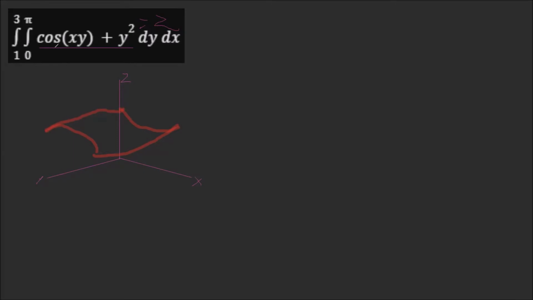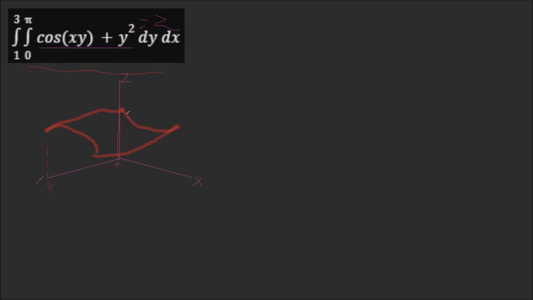What's important to note, given this integral, is that the y interval is from 0 to pi. That means over here, at least on this dimension, the y value is going to be equal to 0. The initial y value is 0 and the final y value is going to be equal to pi.